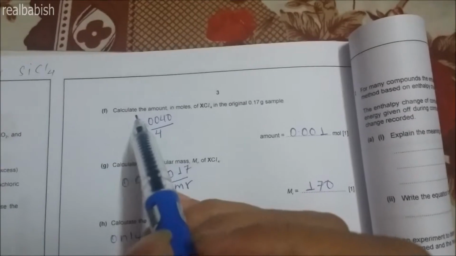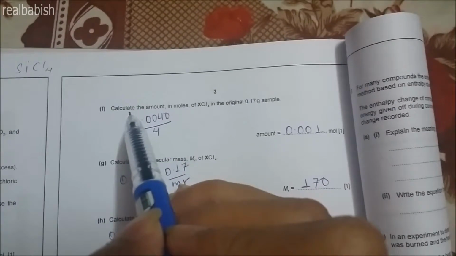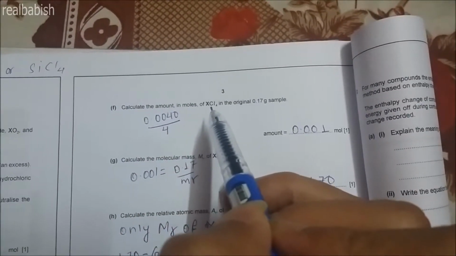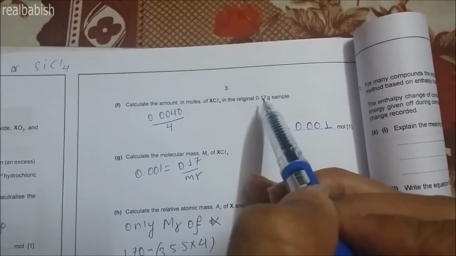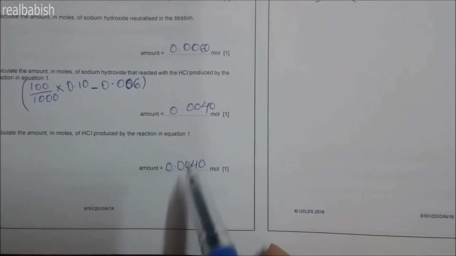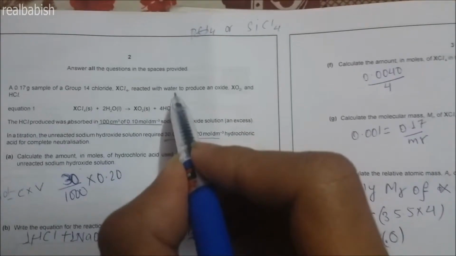In question number 5, part F, calculate the amount in moles of XCl4 in the original 0.17 gram sample. So we have produced 0.0040 moles of HCl from reaction 1.